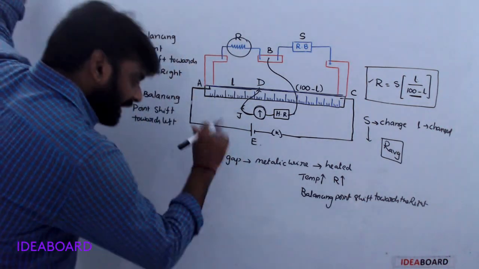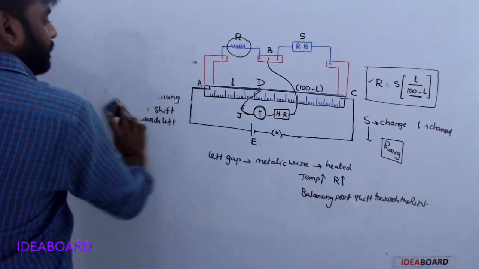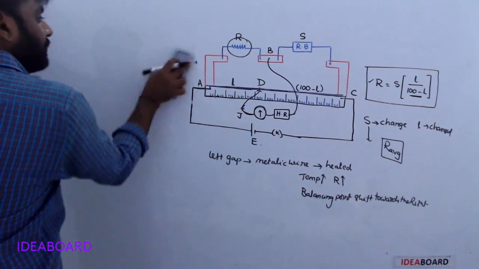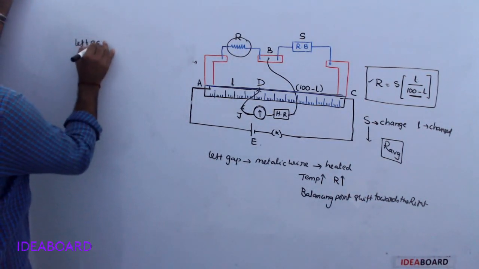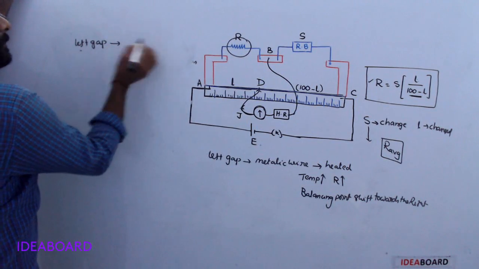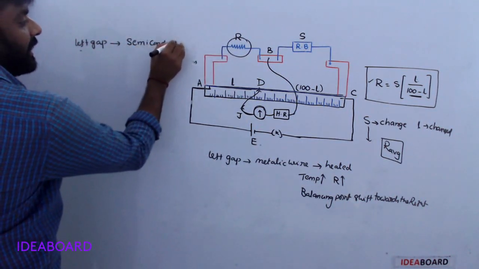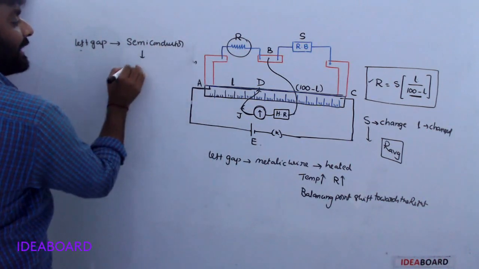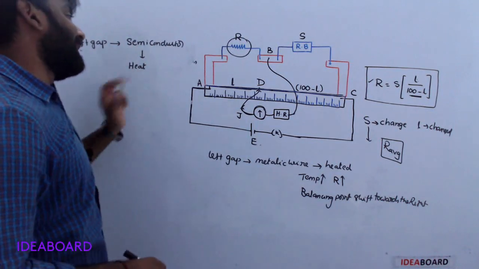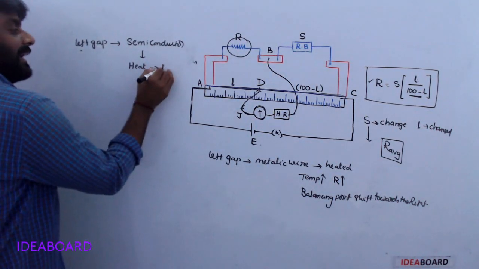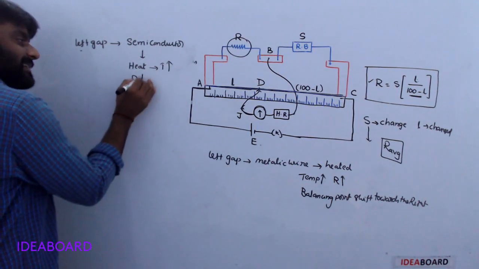For example, in this left gap, place a semiconductor wire, and it is heated. Heated in the sense temperature is increased. Temperature is increased means what about its resistance?